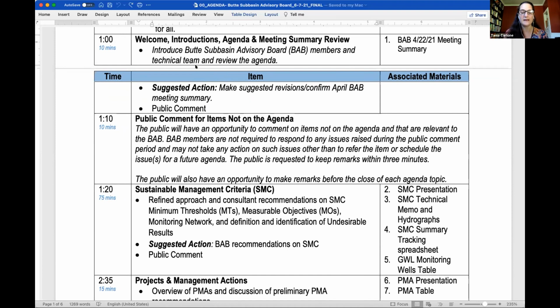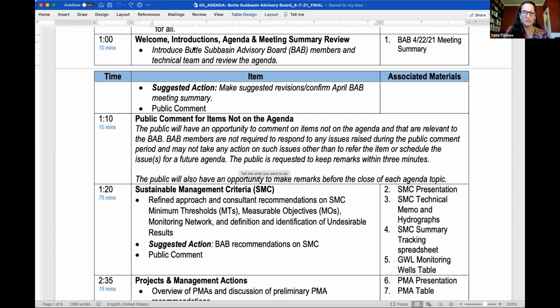We also provided an SMC summary tracking table so that you could see all of the SMC together in a distilled form. Just because this is so much information, we're trying to make it as accessible as possible.